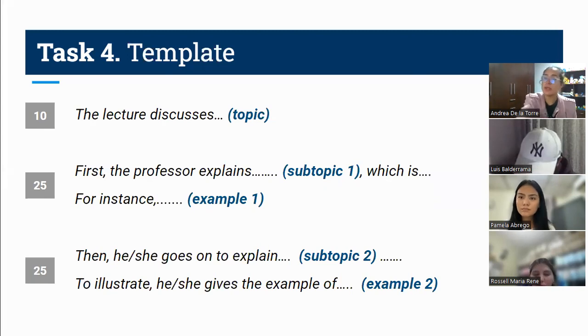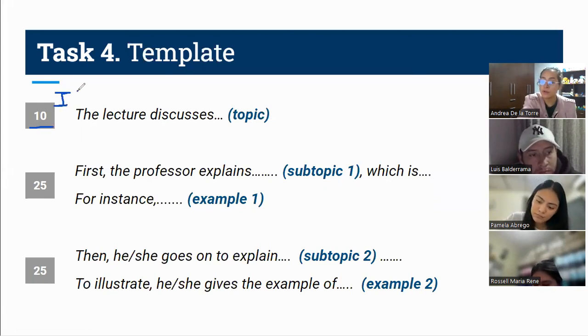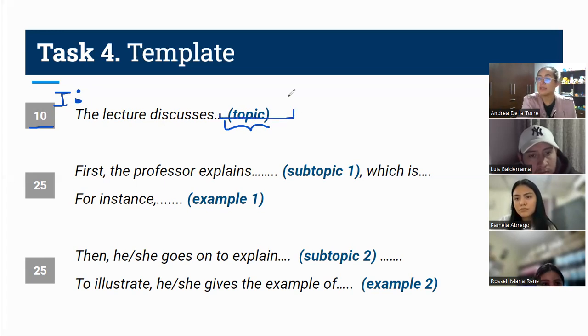So what we're gonna do is we're gonna spend only 10 seconds of our 60 in a short, brief, quick introduction. And in your introduction, what you guys need to do is talk about the topic, summarize the entire lecture. Now remember that I told you not to take notes. So what you're gonna do here is read the question. The question will be on your screen, so you just have to read it there.